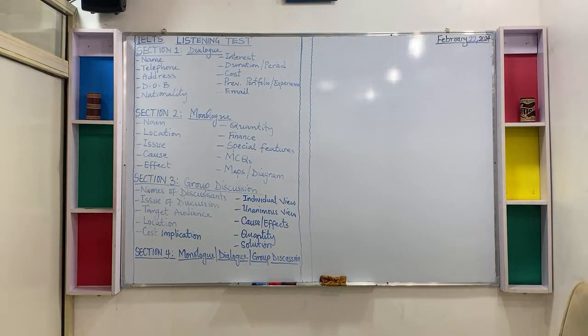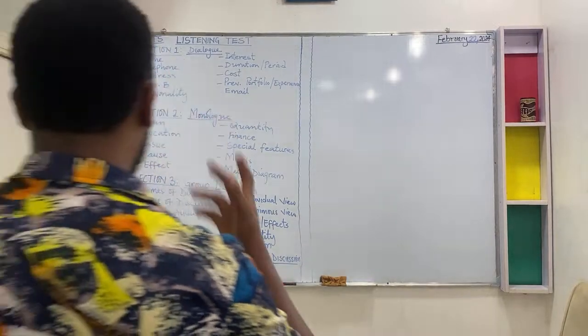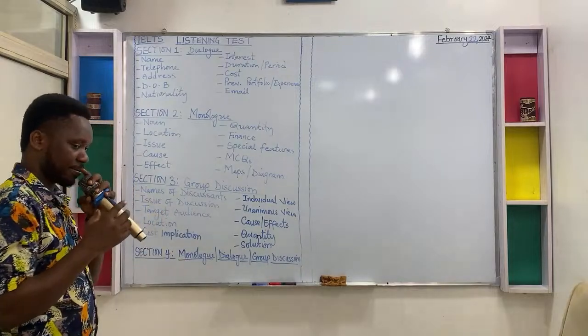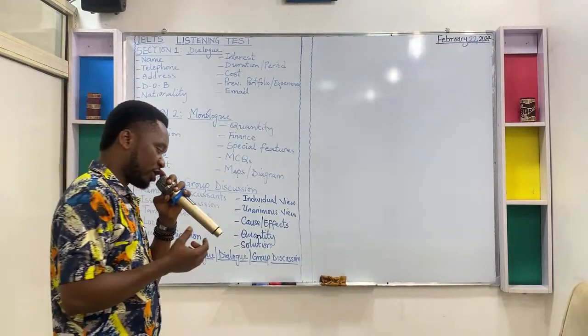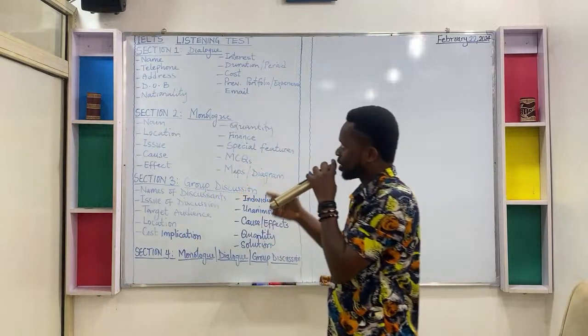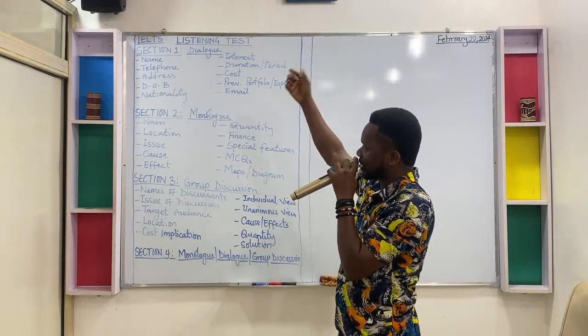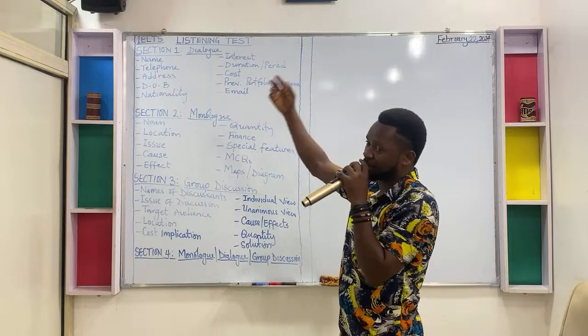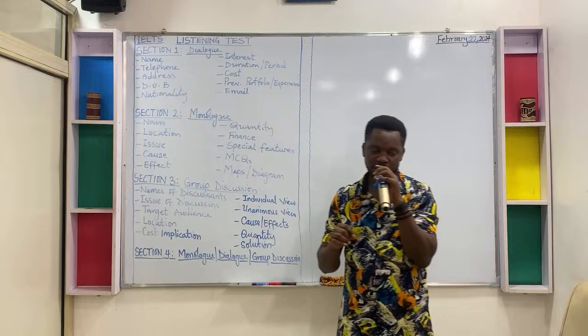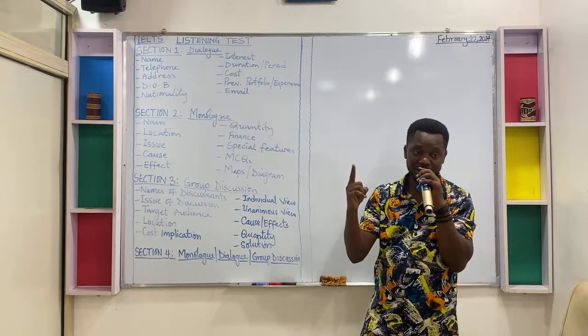Please understand that name is a potential answer. That's why when you practice, you realize that some listening test exercises would have name written as a part of what you should provide as your answer. And in most cases, answer to number 1.